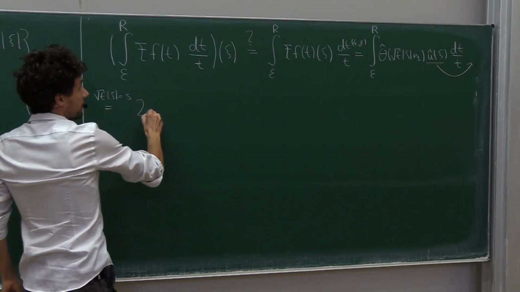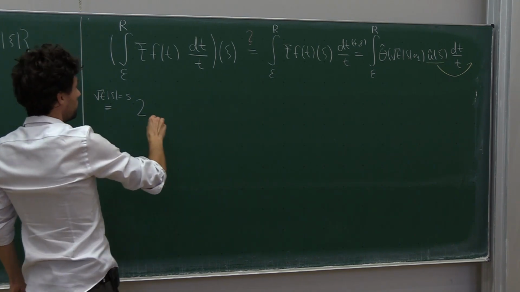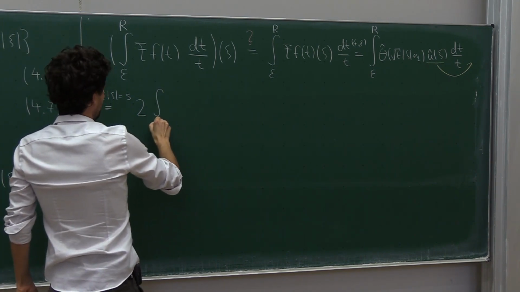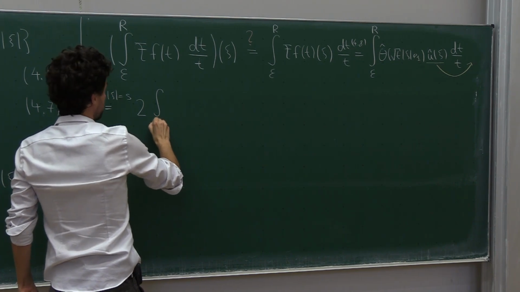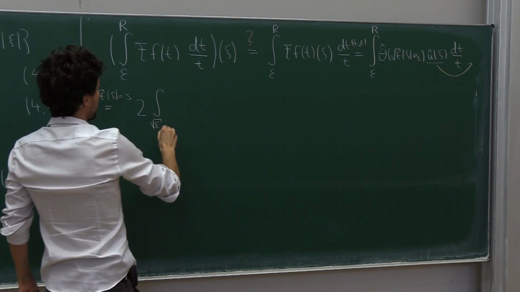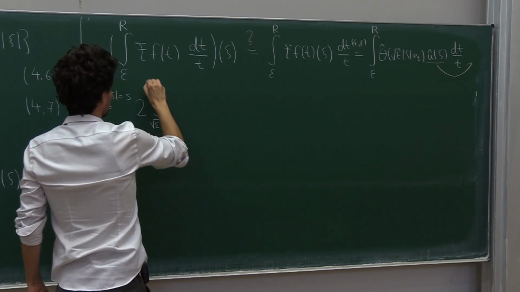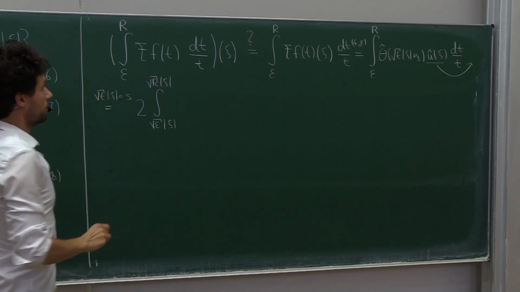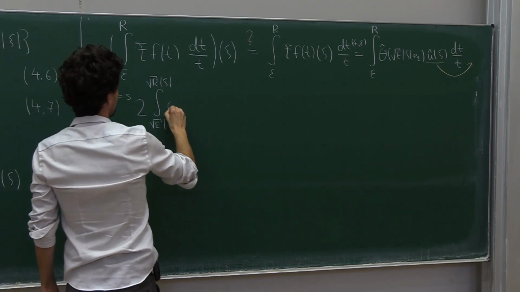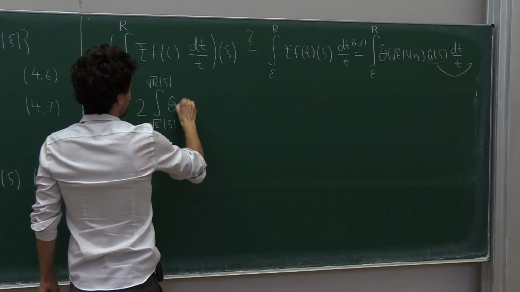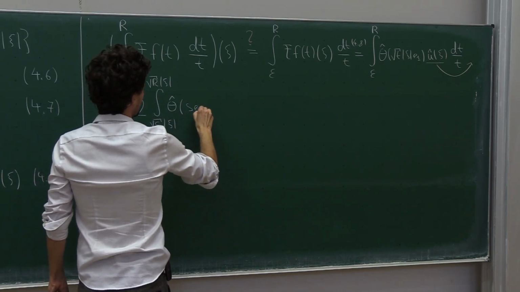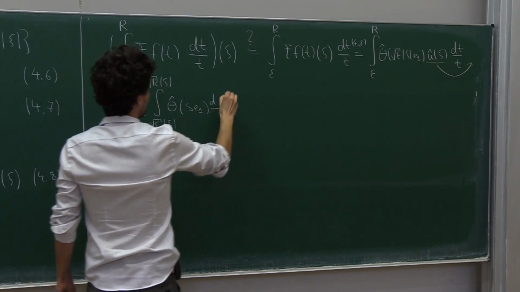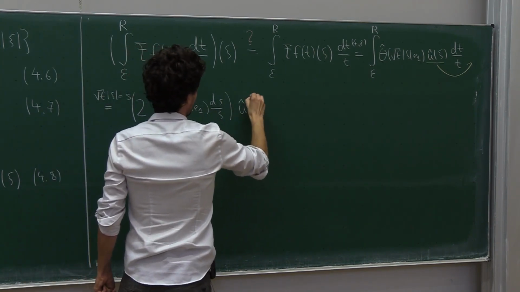Okay, then you do the calculation, dt over t is 2 ds over s. You believe me on that, I hope. So you get square root of epsilon times absolute value of xi, square root of r absolute value of xi, and then it's just theta of s e1 ds over s, and then it's u hat of xi.